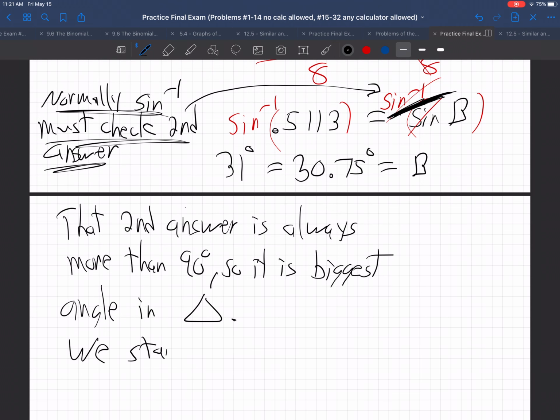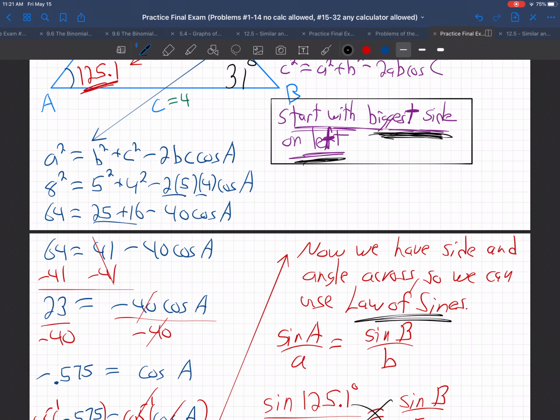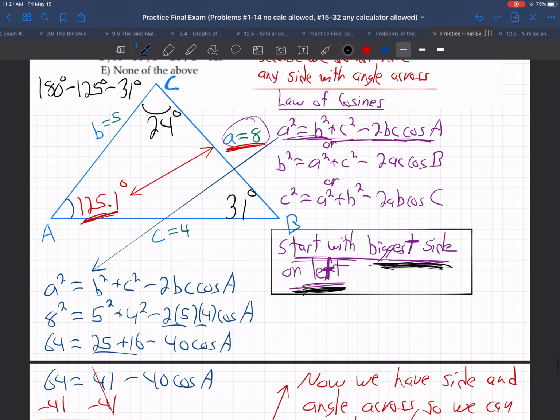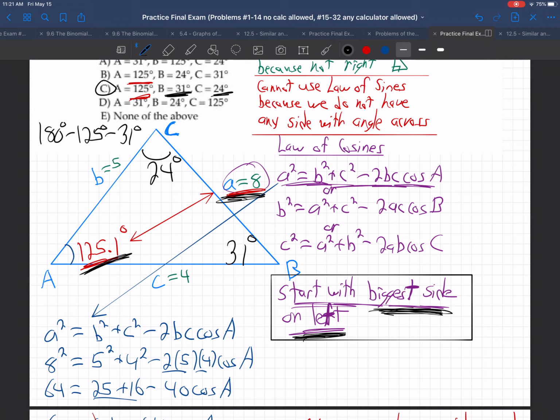We started with the biggest angle, right? That's what I told you to do. Start with the biggest side, which will have the biggest angle. See how the biggest side has the biggest angle across from it? That's how it always works.